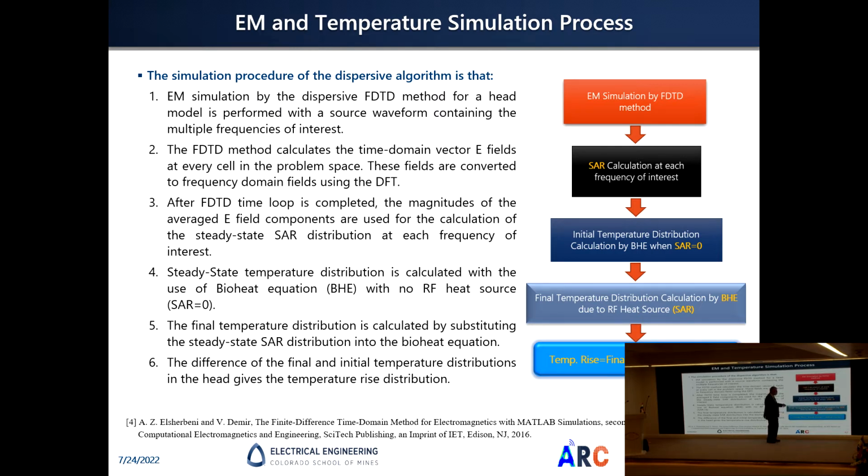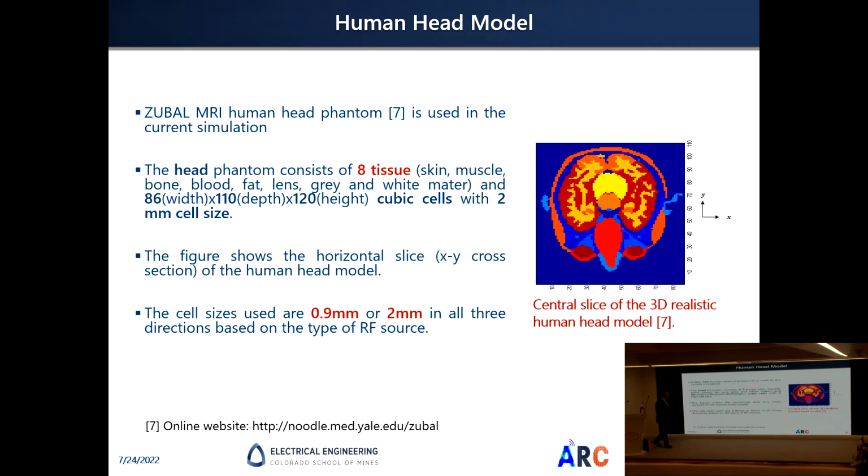And then we recalculate the temperature distribution using the bioheat equation, using the SAR that's being calculated here. The difference in temperature from this step to this step is the temperature rise inside the human head due to the exposure to this radiation from the dipole antenna or other antennas.